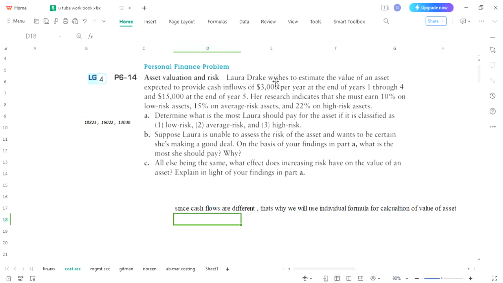So here is our starting note, and now we are going to perform the A1 part, which is low risk.